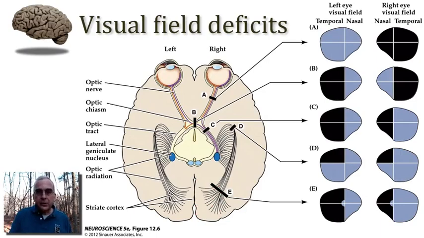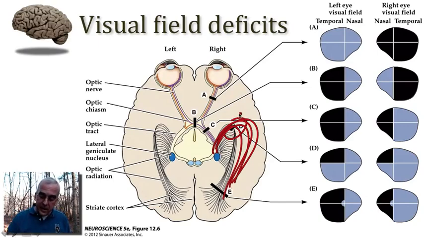So let's complete our analysis of this figure by considering lesion D. Now lesion D is taken to affect the axons of Meyer's loop. And as you recall, the axons that are growing out to contribute the inferior portion of the optic radiation have to loop around the temporal horn of the lateral ventricle.